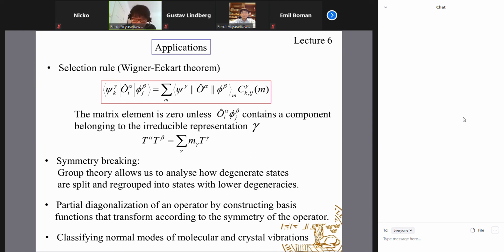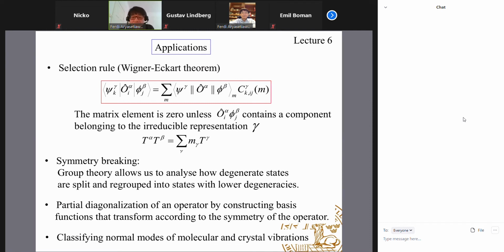To a couple of cases. We will do a block theorem, and also we will consider a general procedure for analyzing normal modes of molecular crystal vibrations.